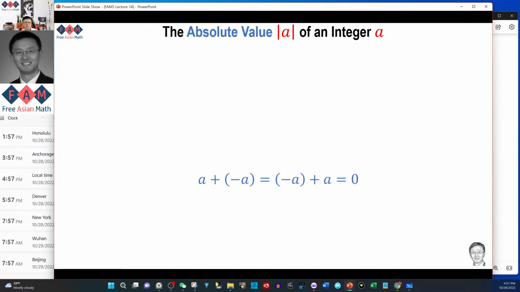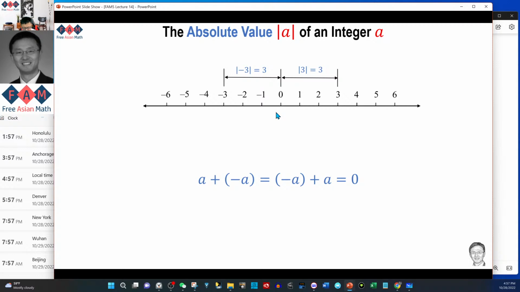But what is the absolute value of A? Well, the absolute value of A is defined like this.